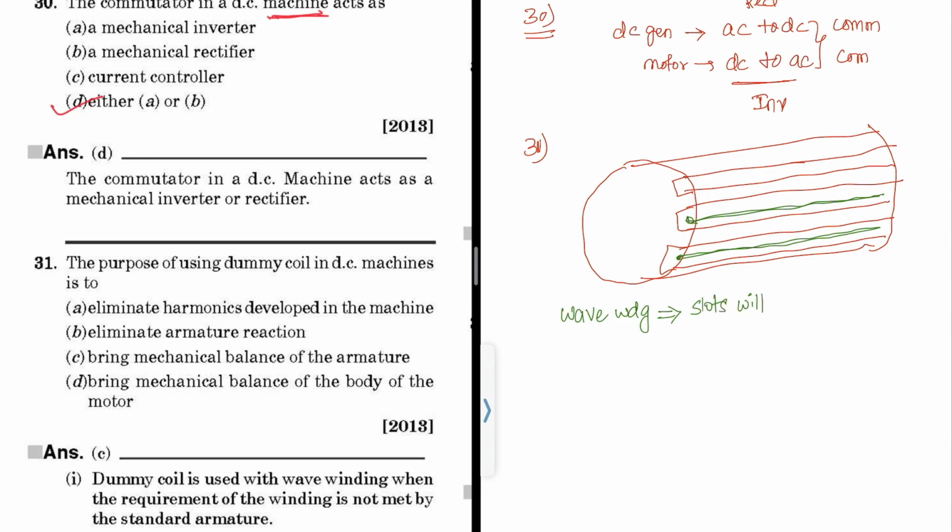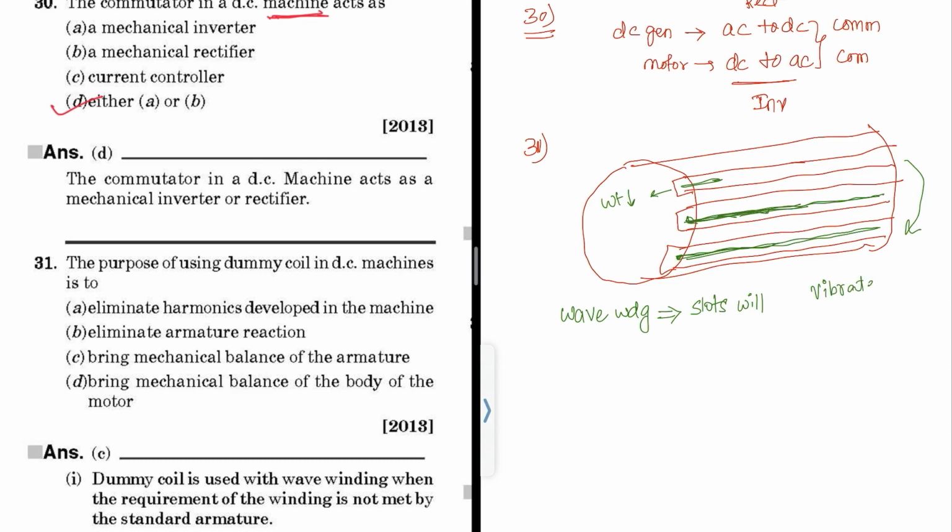So if you see this, this is copper. So this slot has more weight and this slot has more weight, but there is no coil inside this slot, so this weight will be less, right? So when the machine is rotating, there is non-uniformity because at some portions the weight will be there and at some portions the weight is not there. Due to this, the machine may get vibrated.